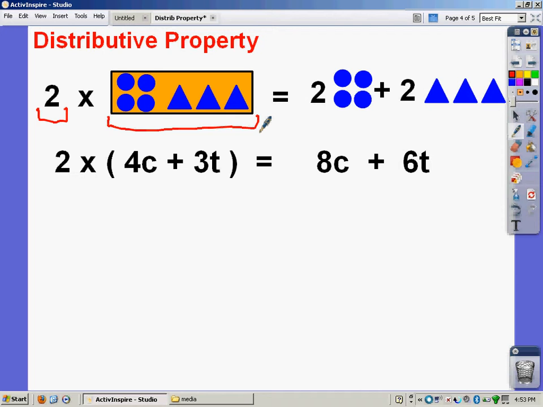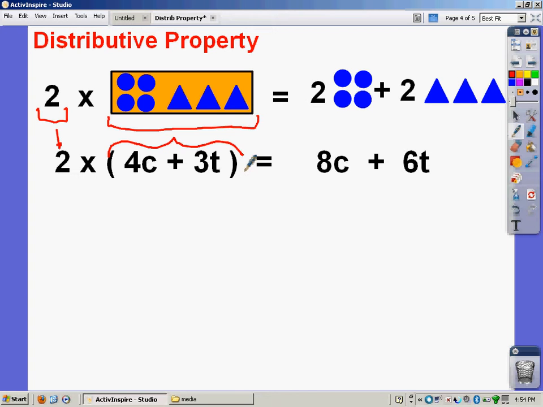In terms of math, this translates to 2 and then times, and the box is represented by the parentheses. So what I have inside of the box could be thought of as this is inside the box.